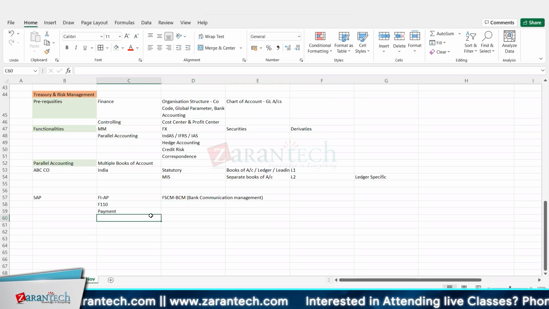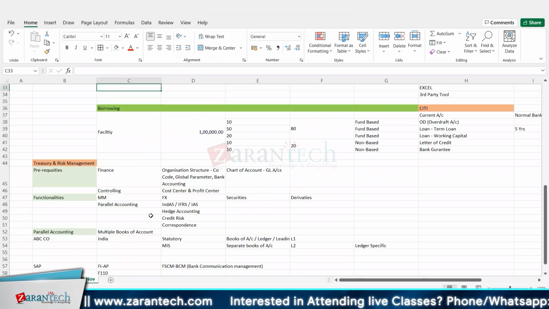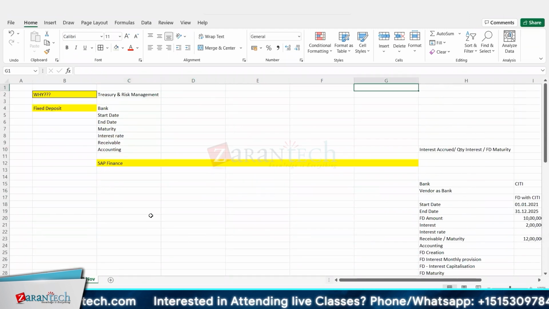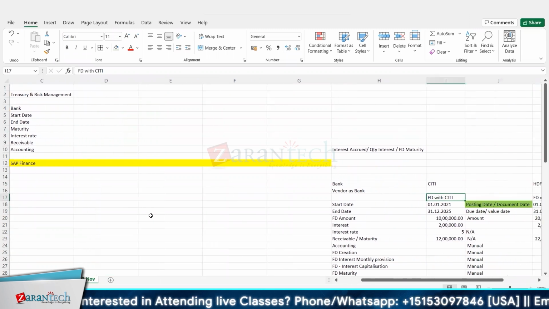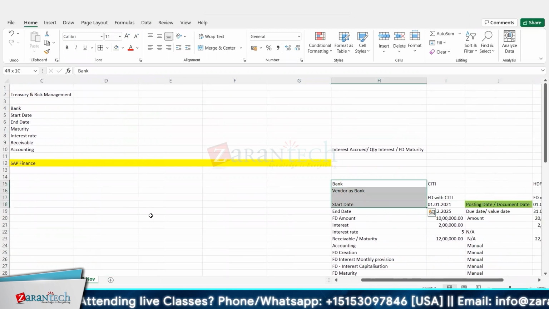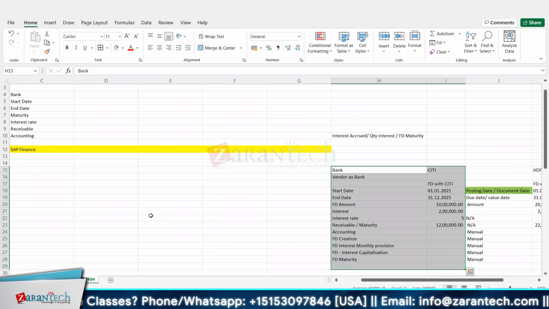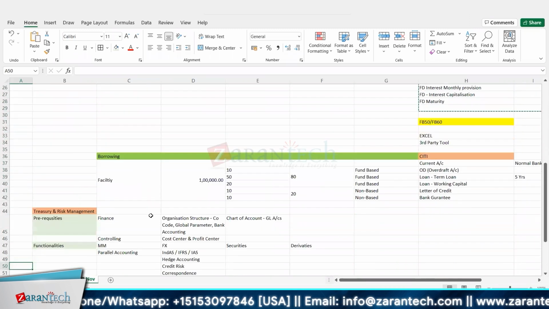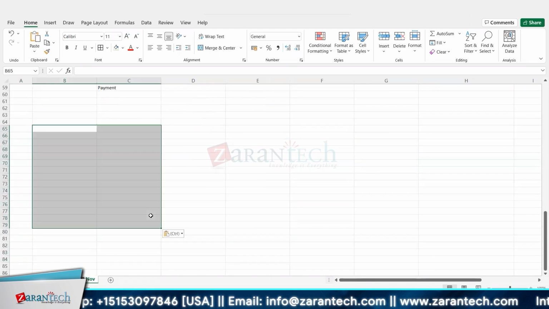We have discussed the basic understanding of why the treasury module is required. Now, to start on how this module works, we need to start with an example.